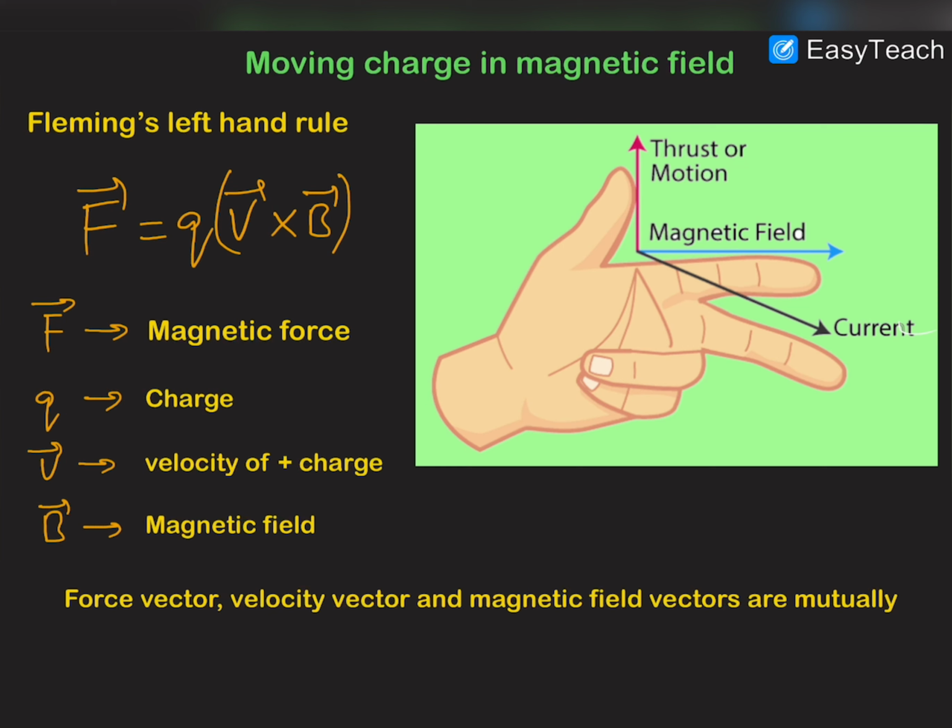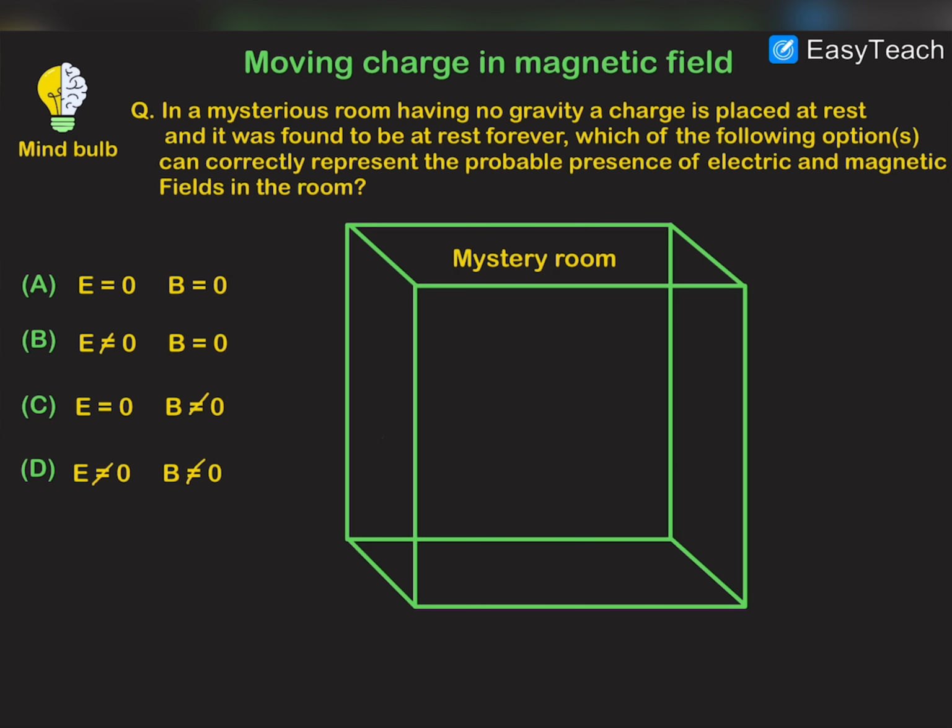Now let us discuss a question for better conceptual understanding of the situation. There is a mystery room which has no gravity, and a charge is placed in this mystery room, and it was found that this charge was at rest forever, and we have to check the presence of electric or magnetic fields in the room.